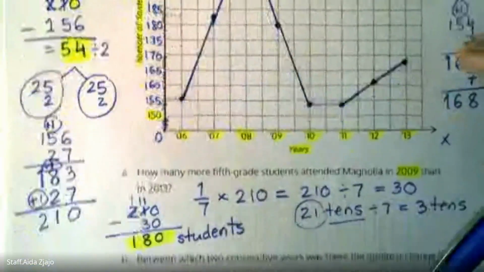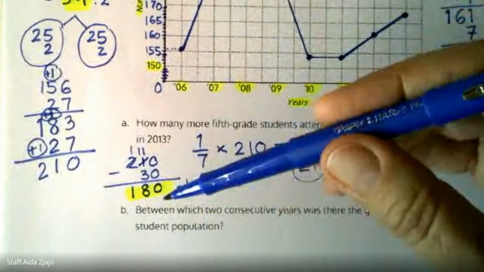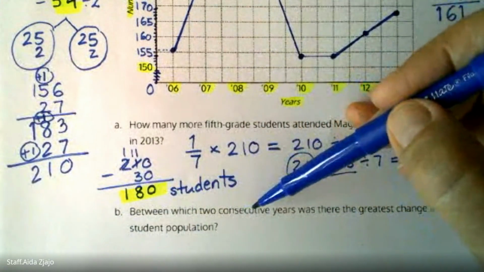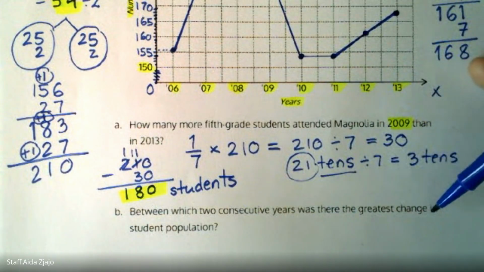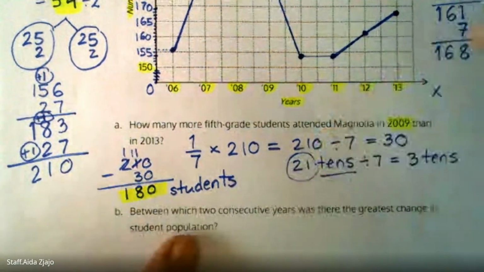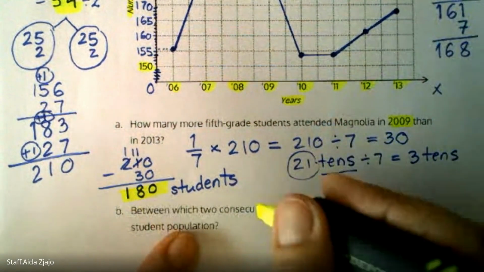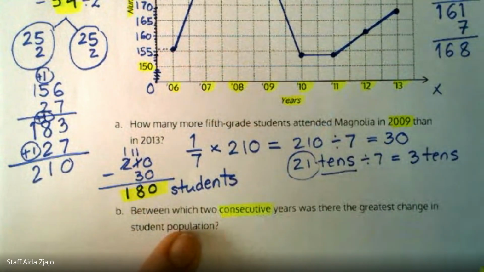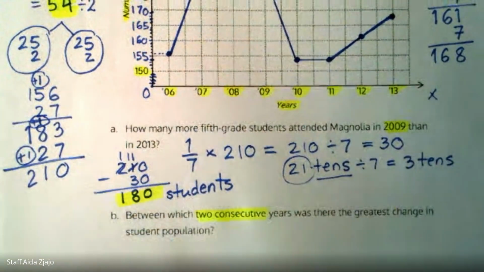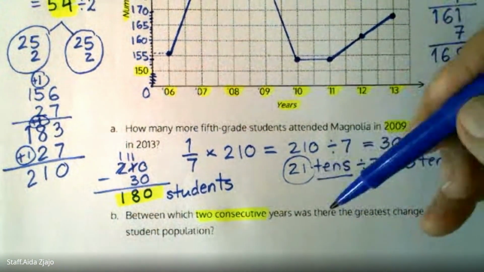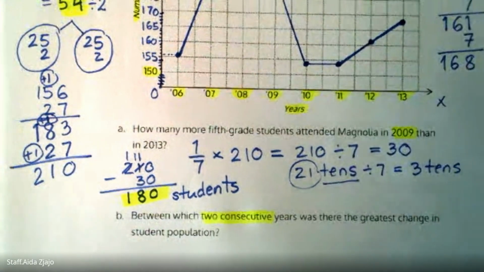Let's see, answer question B. Between which two consecutive years was there the greatest change in the student population? Consecutive means next to each other. So, between which two years was the change the greatest?